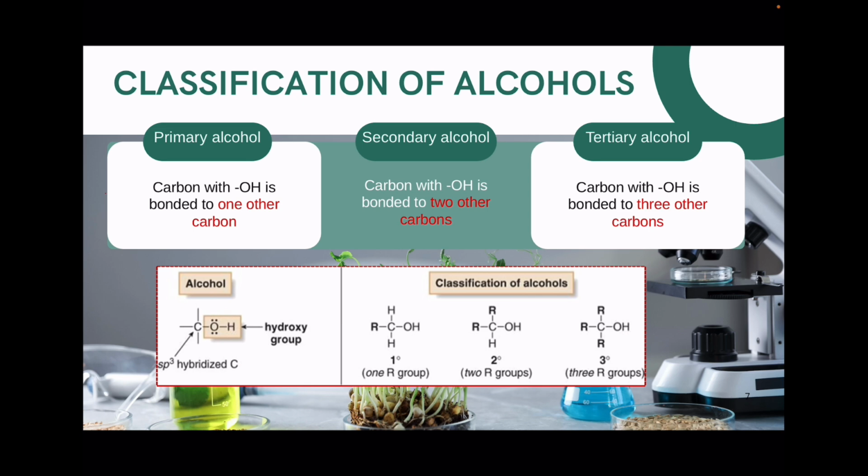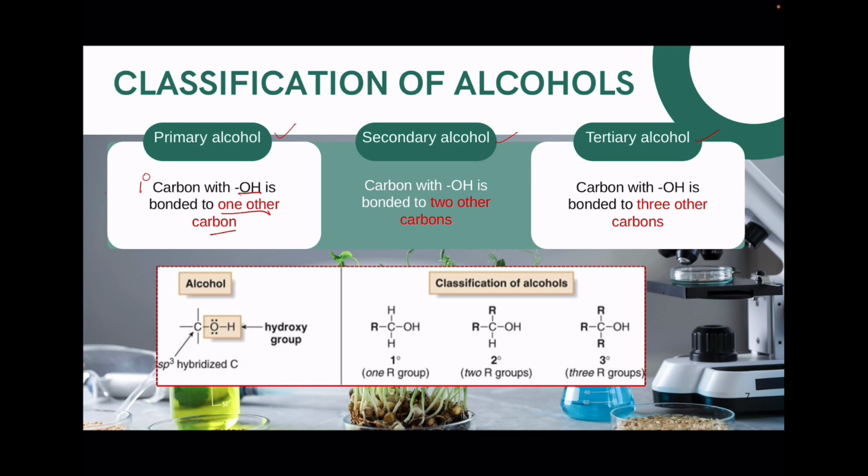Classification of alcohol can be divided into three types: primary alcohol, secondary alcohol, and tertiary alcohol. The primary alcohol is the compound where the hydroxyl group is attached to the primary carbon, where this carbon is attached to one carbon.